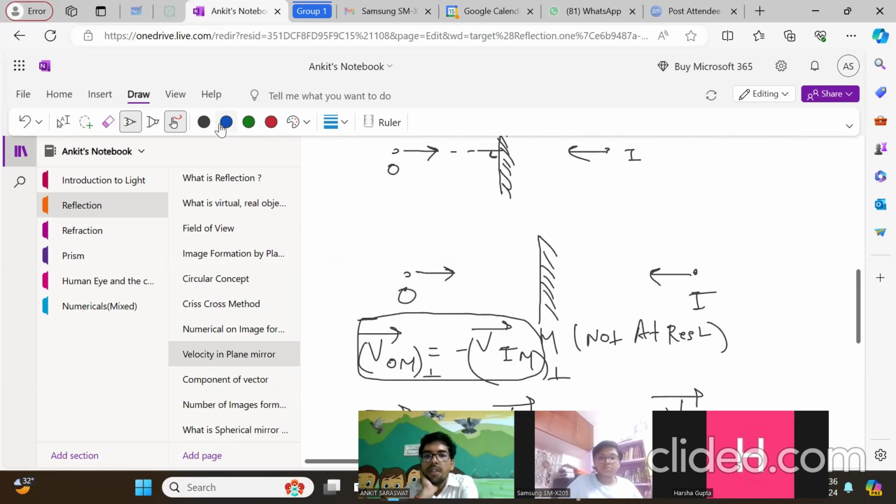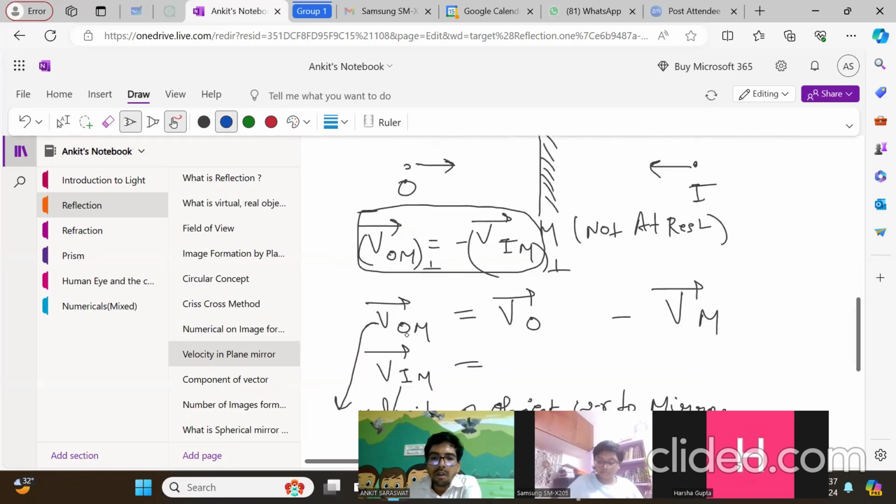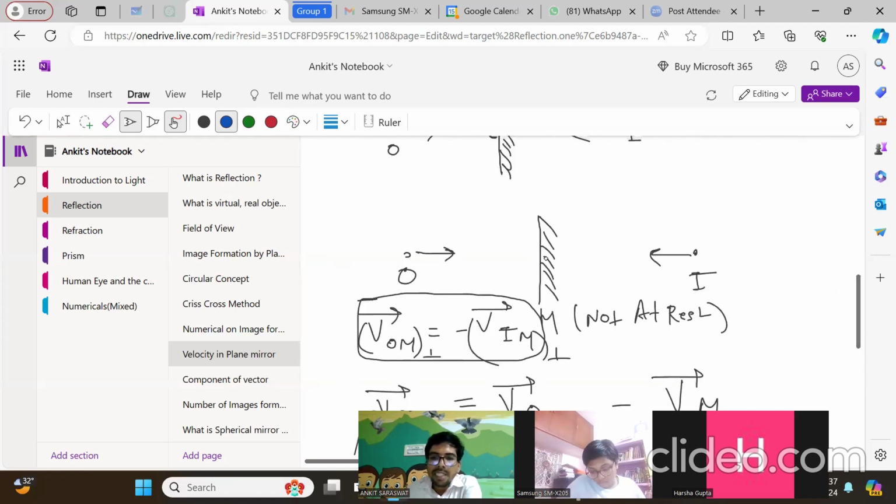So with respect to different observers, velocity will be different. Did I explain this topic or not? You explained it, sir. Frame of reference. Similarly here, if I say velocity of object with respect to mirror, it means velocity of object as seen from the mirror surface. Now where is my observer? Observer is here on the mirror surface. Clear?